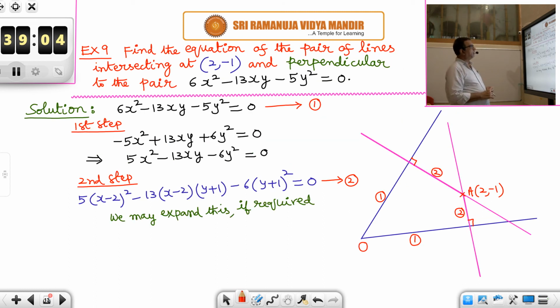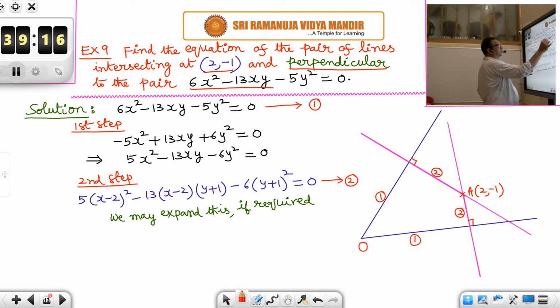Find the equation to the pair of lines intersecting at the point (2, -1) and now perpendicular. Previous example parallel, now perpendicular to the pair of lines. Same point as in the previous example, same pair of lines as in the previous example, but previous example parallel lines, this example perpendicular lines.